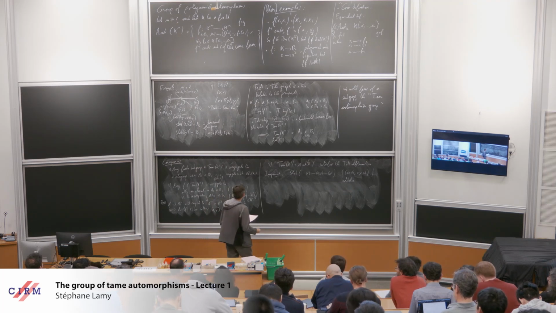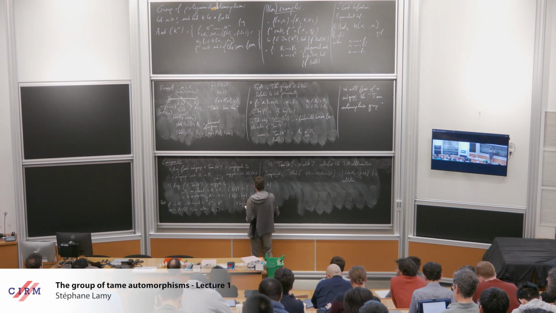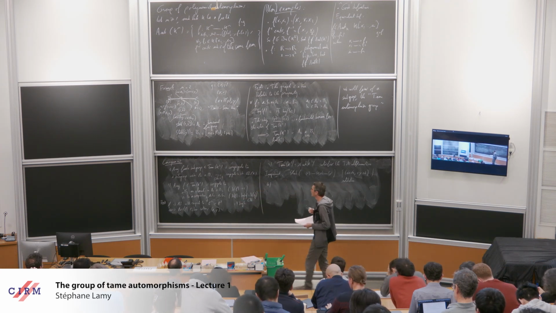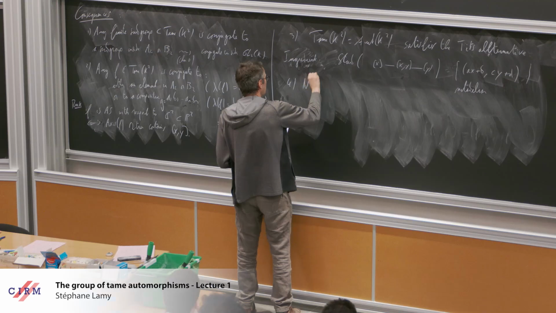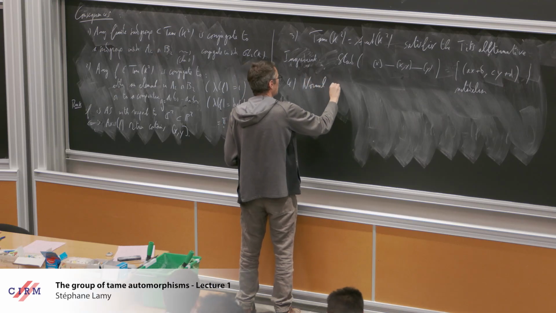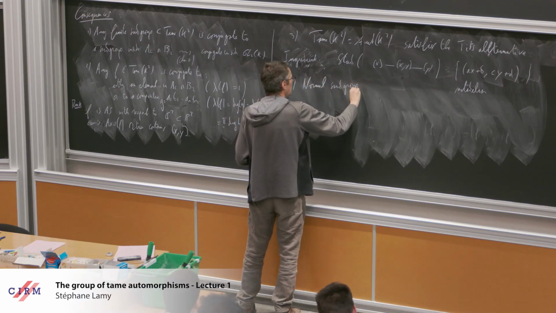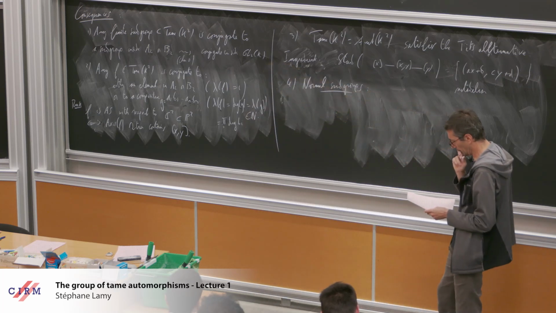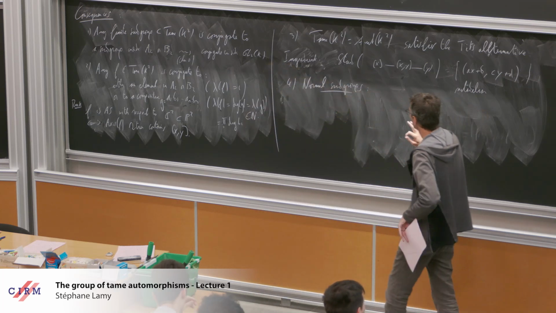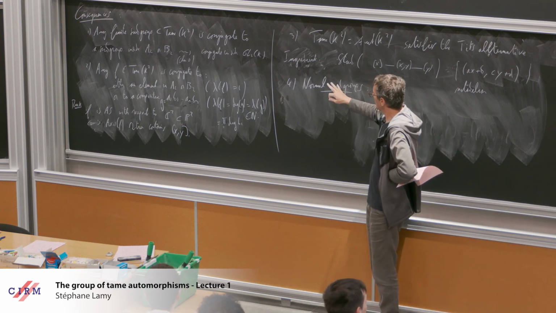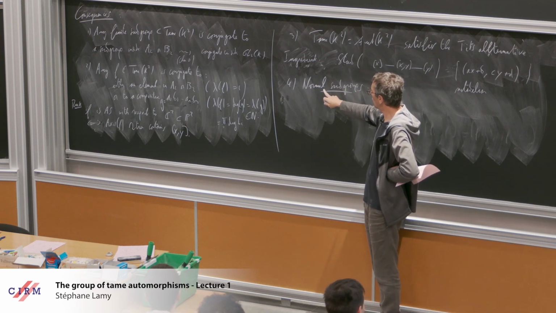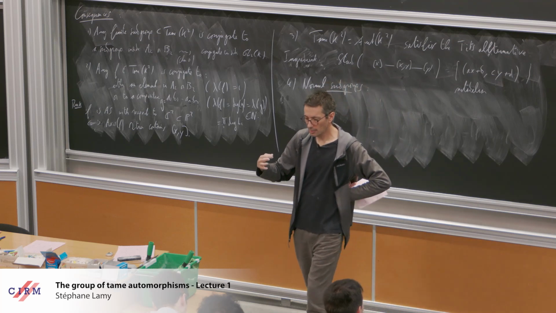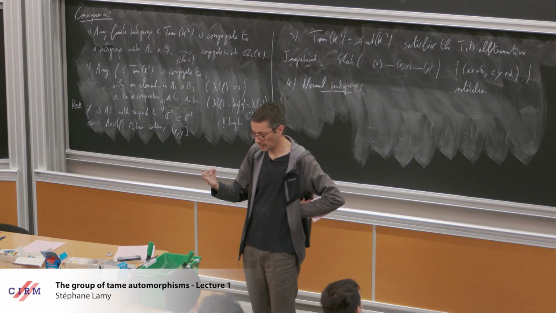Okay, so if you remember my question, the next one was about normal subgroups in these groups. I will discuss that this afternoon. This afternoon I will discuss a general theorem to produce normal subgroups when you have an action on a delta hyperbolic space.